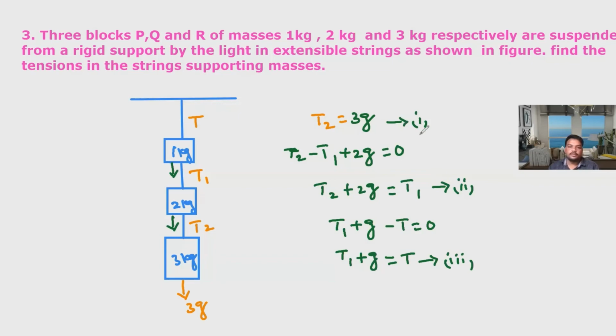We got the T2 value already. Now let's find the T1 value from equation 2. T2 is 3g plus 2g, that is equal to T1. Then T1 equal to 5g.